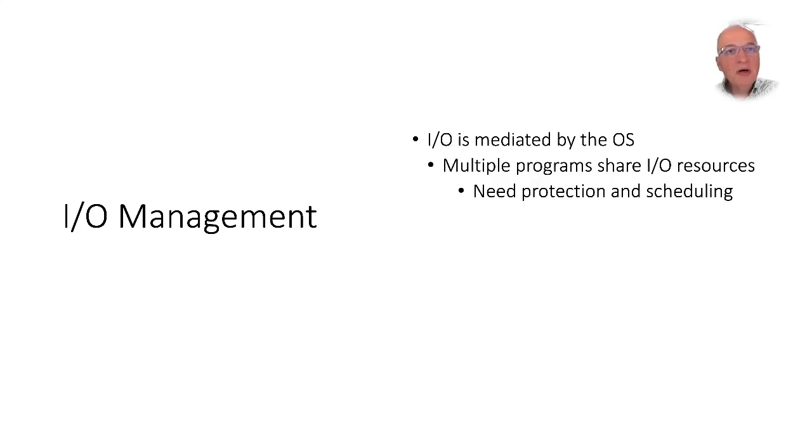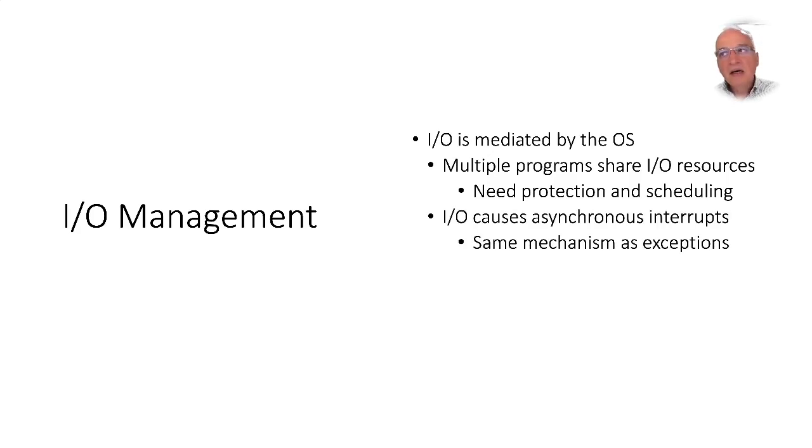We also have to talk about I/O management. I/O is mediated by the operating system. User programs do not handle I/O. I may have multiple programs sharing the same I/O resources, so I need to have protection and I need to have scheduling. I cannot have multiple user programs accessing the I/O devices directly.